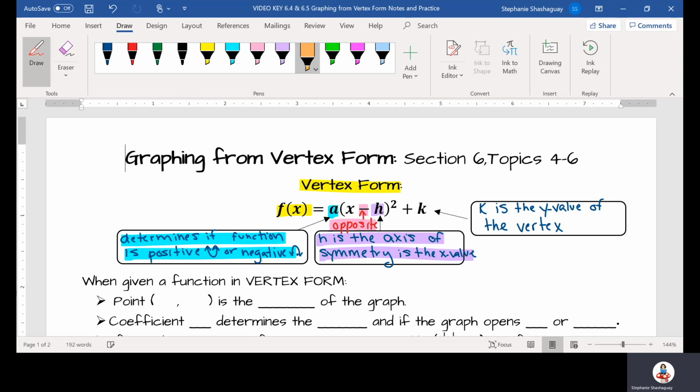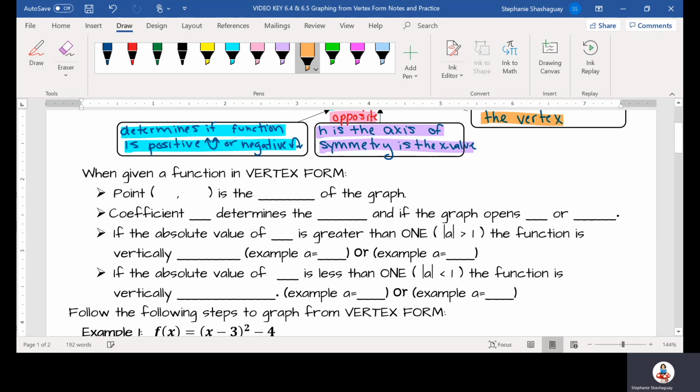And I'm going to highlight that in orange because I've always been highlighting the vertex in orange. So K is the y value of our vertex. So when we're given a function in vertex form, the point h, k is the vertex of the graph.